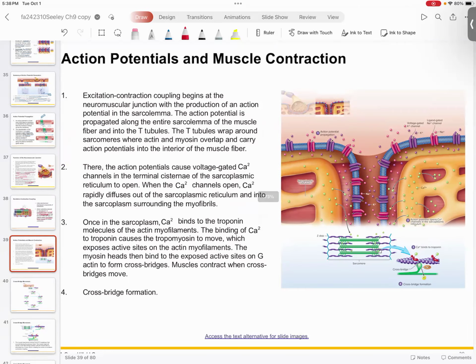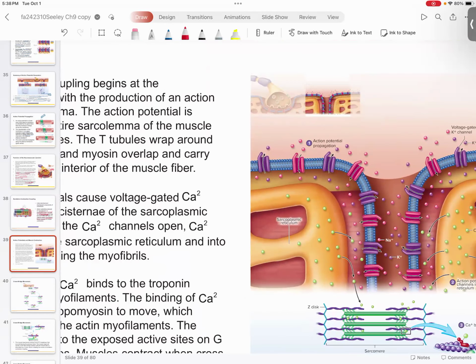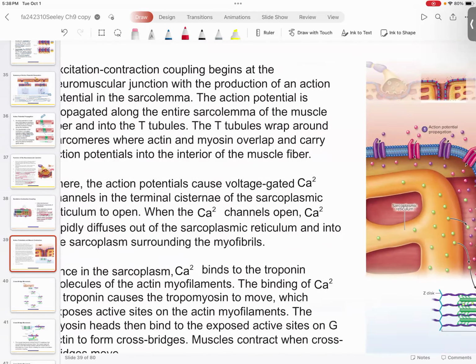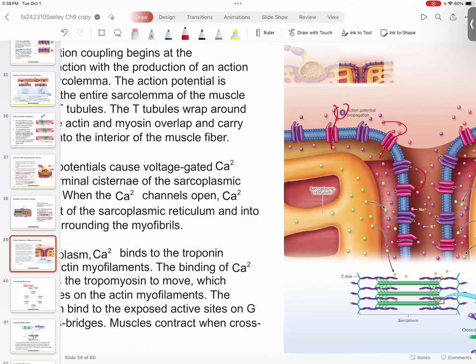So that's kind of what it looks like as it goes down the T-tubule. The first step is it's going to start in the neuromuscular junction. So you have action potential propagation, where you have your sodium inrushing, which is going to flip the voltage gates, which continue to allow sodium to inrush.